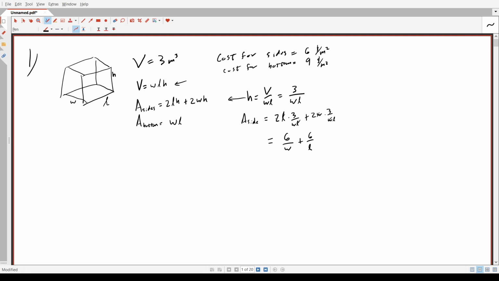And I know that's the total surface area of the sides. And I know that the cost per square meter on the sides is 6. So the cost of the sides is just going to be 6 times this. Okay, and then the cost for the bottom, that's going to be 9 times the area of the bottom, which is just WL.